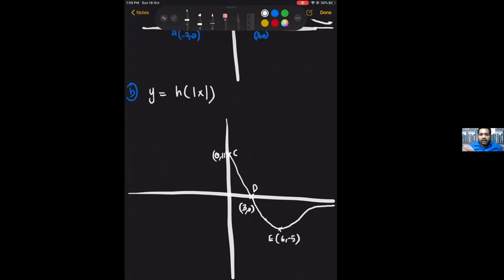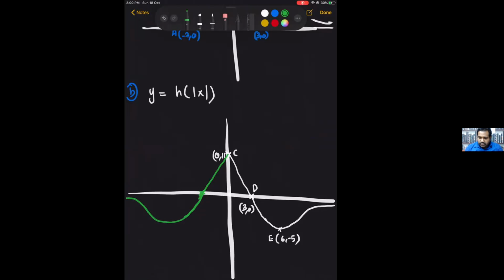For drawing the graph for y is equal to h of modulus of x, the strategy is we need to reflect the positive x aspect of h of x along the y-axis. After reflection, this is our respective coordinate, and the graph looks like this.